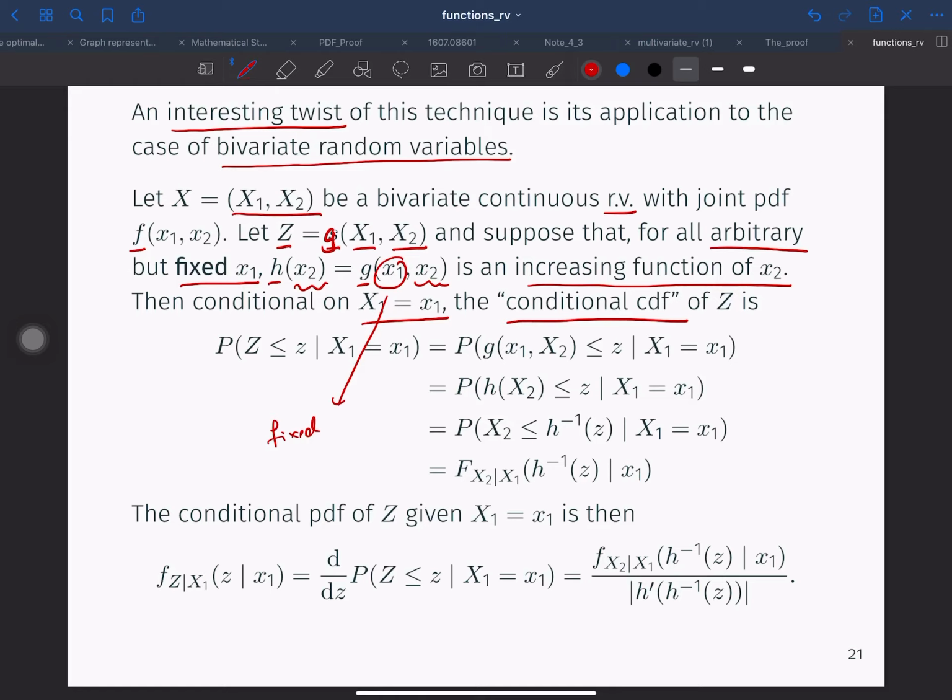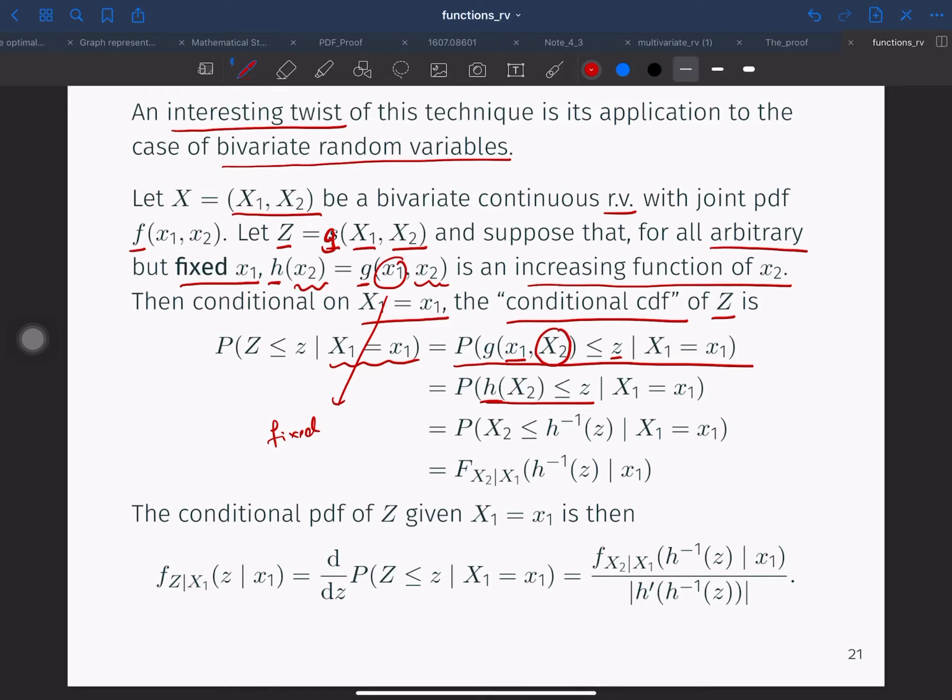In any case, the conditional CDF of Z, given that X1 equals little x1, you can write in this form. The event that Z is at most z is the event that g of x1 and X2 is at most z. Because g with x1 fixed is h, h of X2 is at most z.